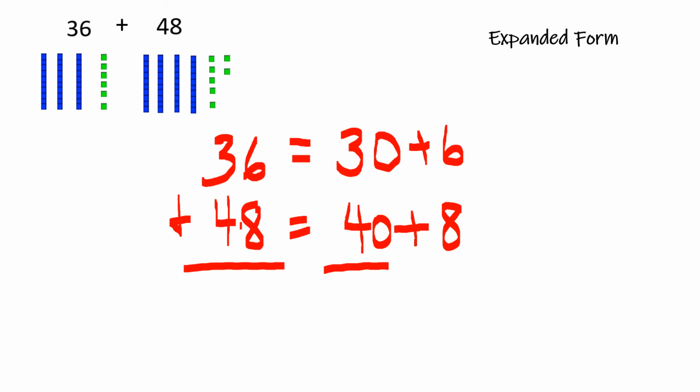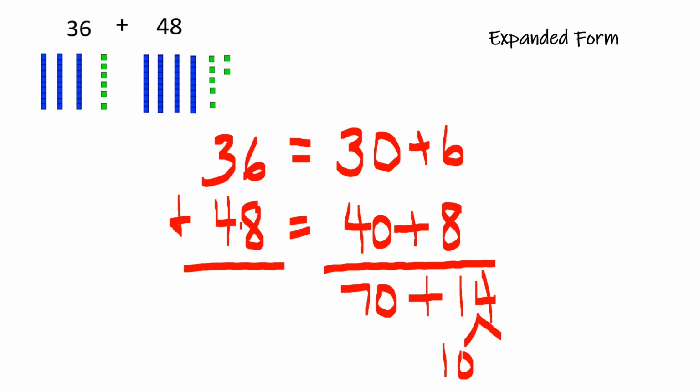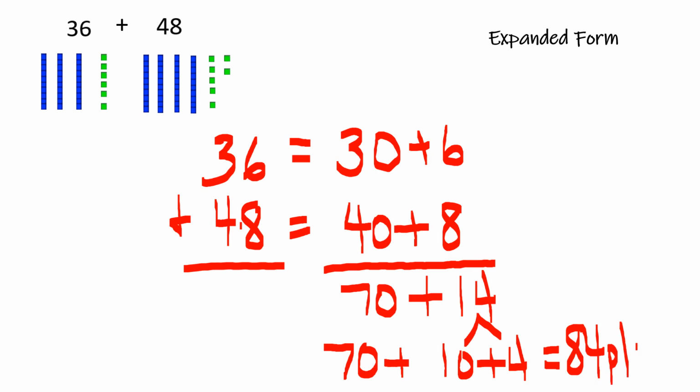And now I can solve that problem. 30 plus 40 is 70, plus 6 plus 8 is 14. I see here that 14 is made from 10 plus 4. So if I add that to 70, 70 plus 10 is 80, plus 4 more is 84 plants.